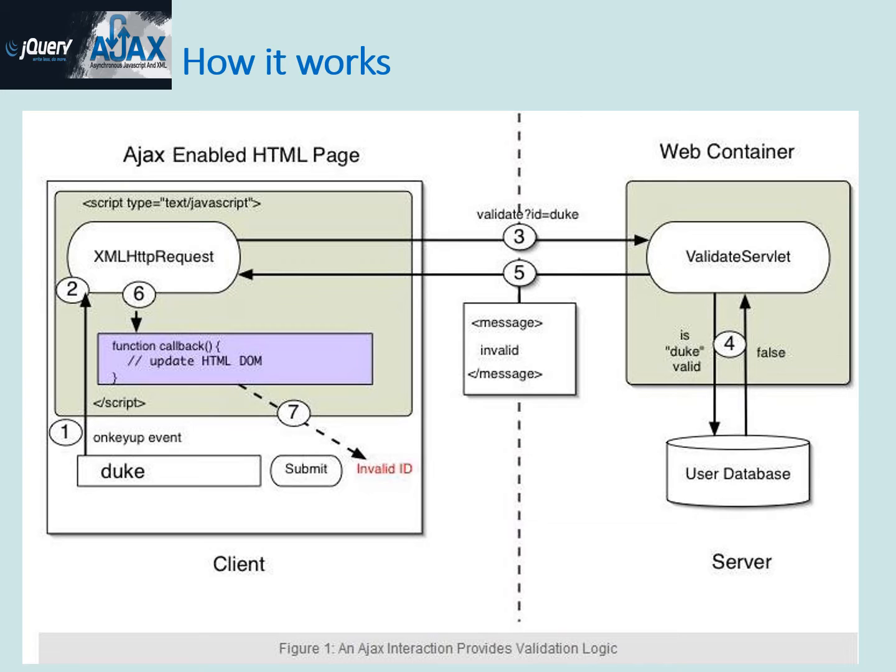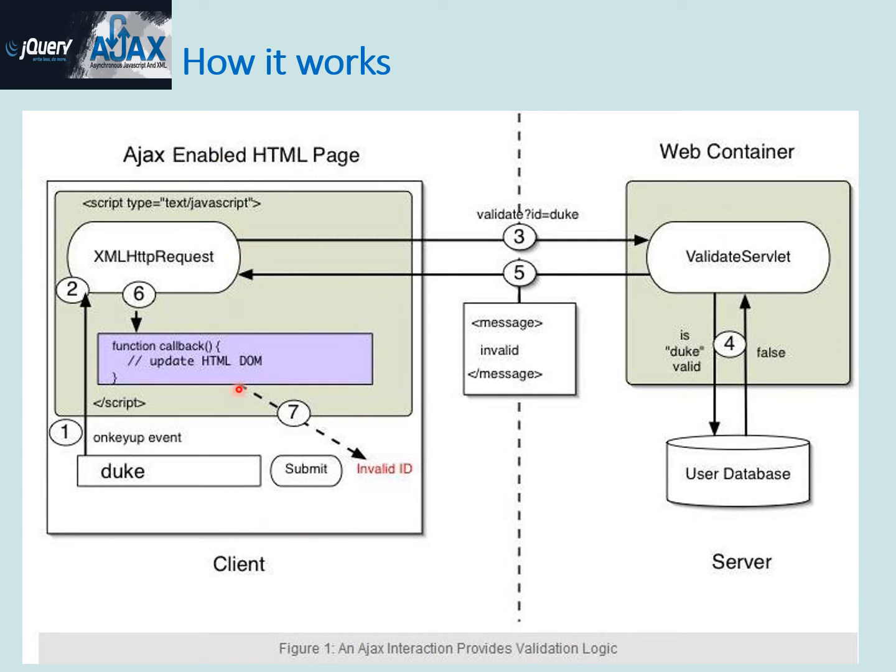Now let us see how Ajax is enabled in an HTML web page, or how Ajax works in a particular HTML web page. Here we have a detailed diagram related to the working of Ajax. This is the body part of the web page, and this is the script part of the web page, and all this together is our client, the browser window.